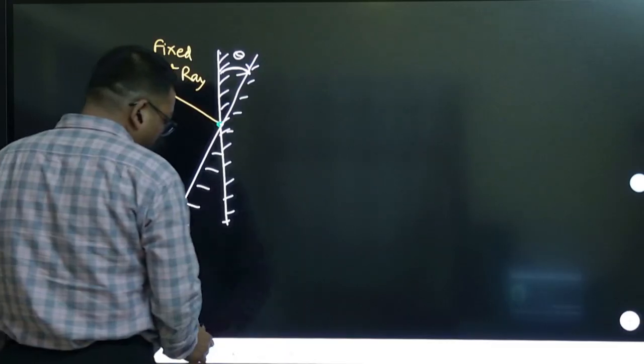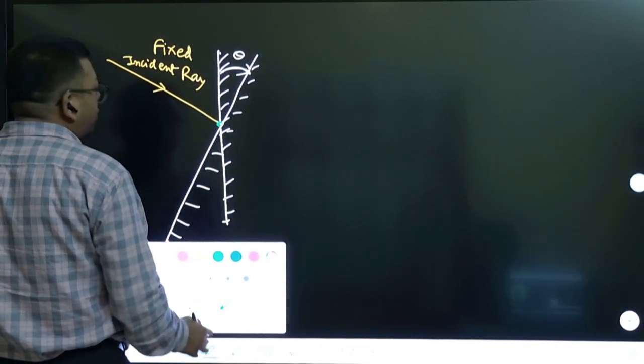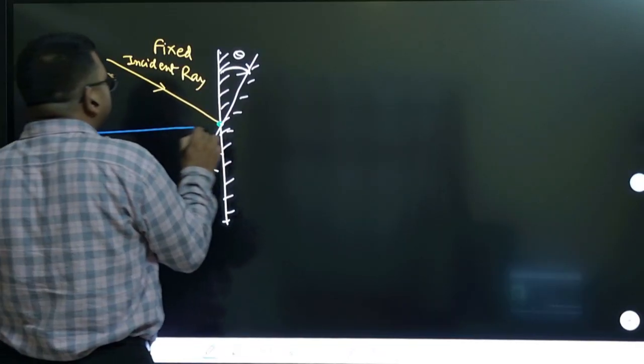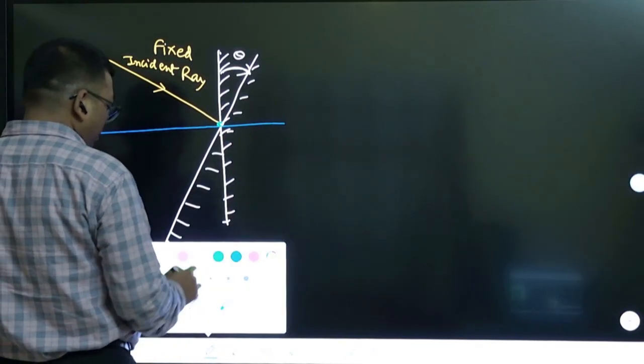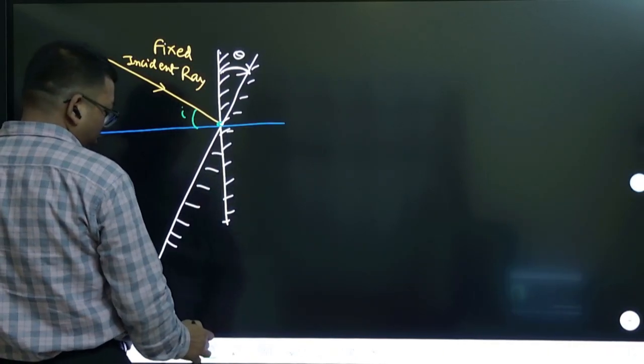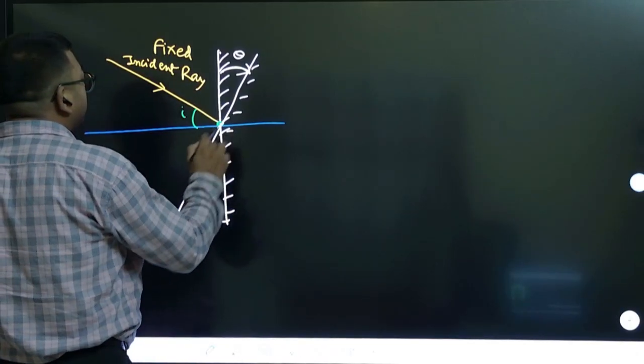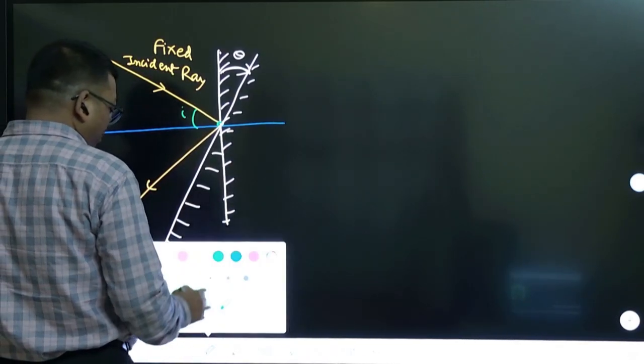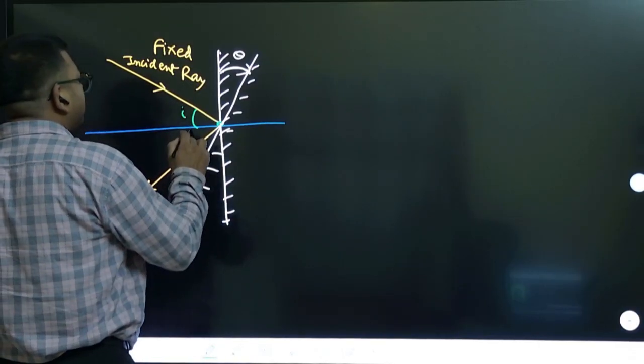Then what happens? The normal will also rotate. Note that previously the normal was like this, and this angle was the angle of incidence. The reflected ray was also making the same angle.